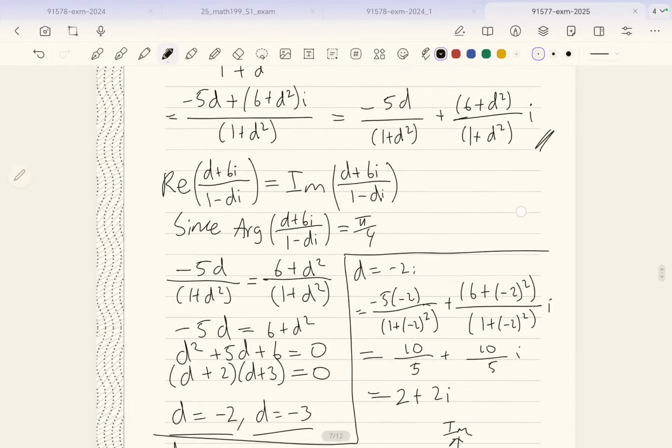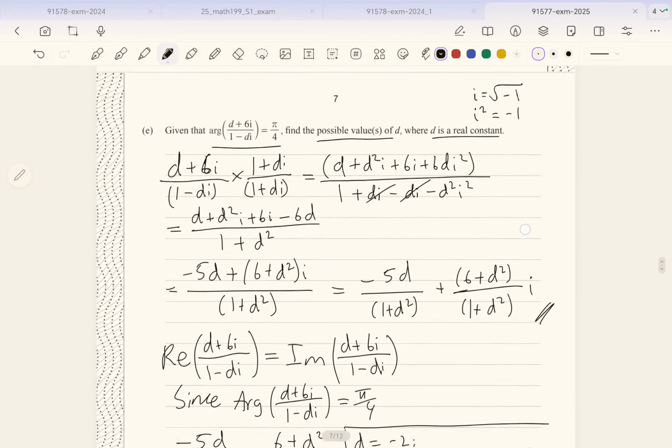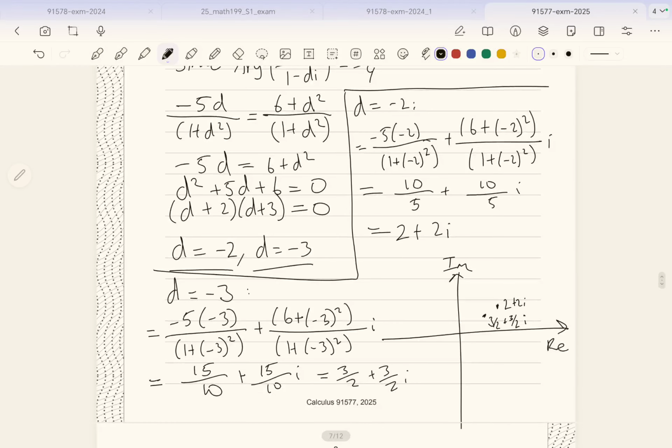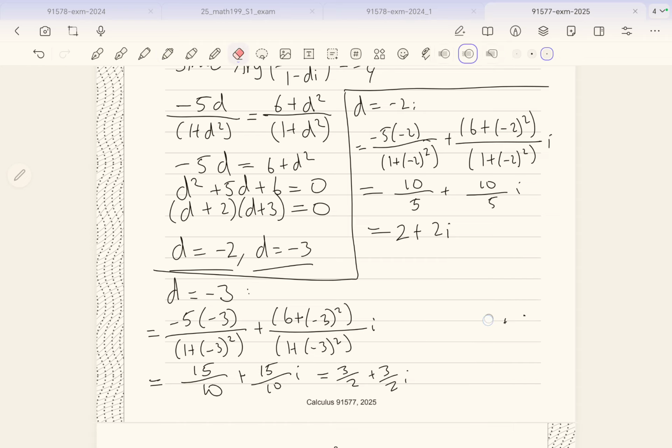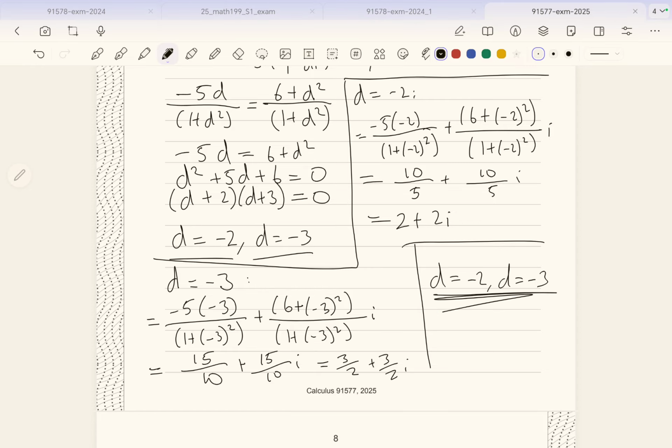The important part when we do arguments that are equal to pi on 4, or any argument, is to be careful of the sign. So here it's positive pi on 4, which means that both of the coordinates found must be in the first quadrant, in this one here. So both the real and the imaginary values must be positive, which in this case they are. And so both d is equal to negative 2 and d is equal to negative 3 are solutions.